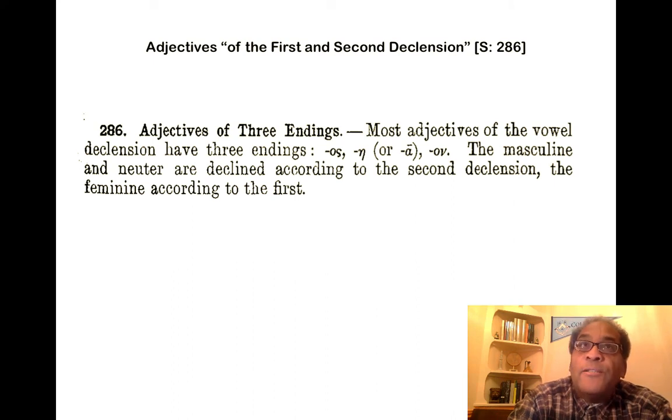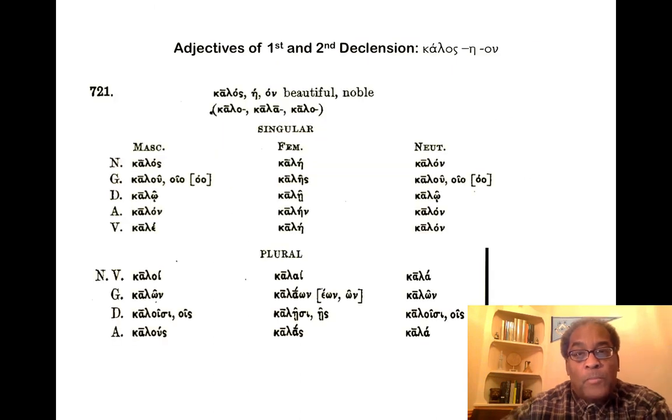So this is why it's so important that you memorize, get etched into your brain rock solid, the endings of the first and second declension, because they'll come together and be identical to most of your adjectival endings as well. So, for example, kalos, kale, kalon.